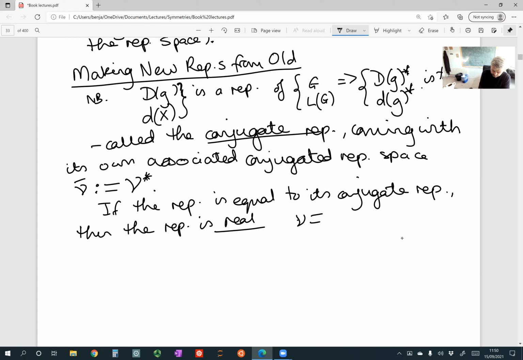And in that case, the two representation spaces are equal.